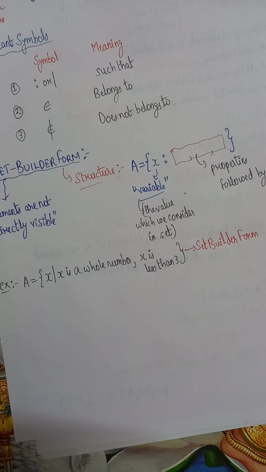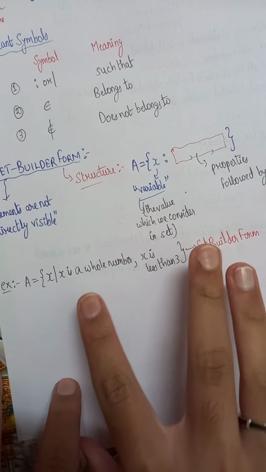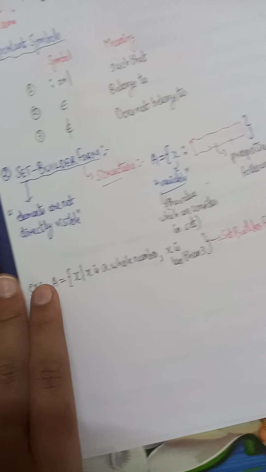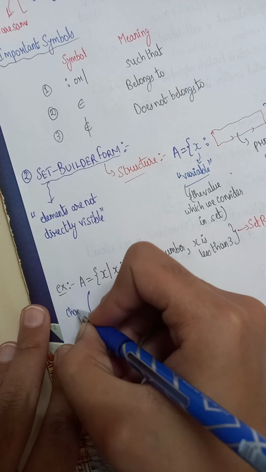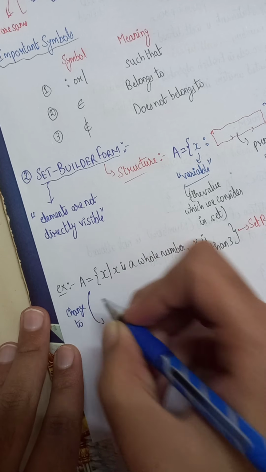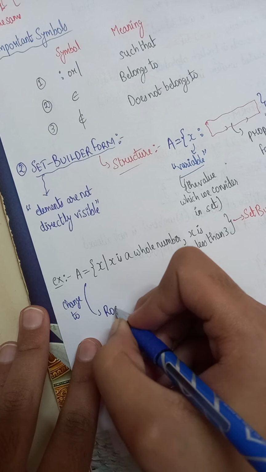This is written in set builder form, and what we need to do is convert it into roster form.